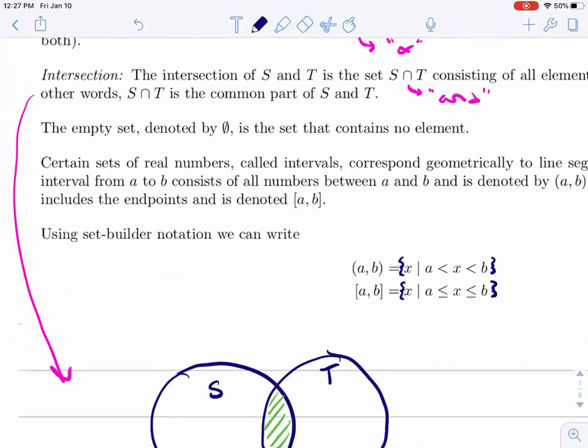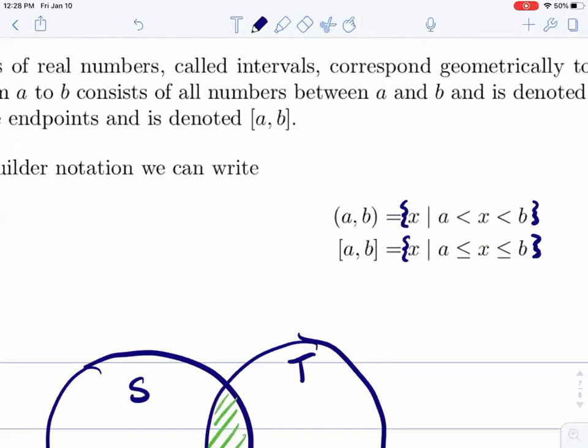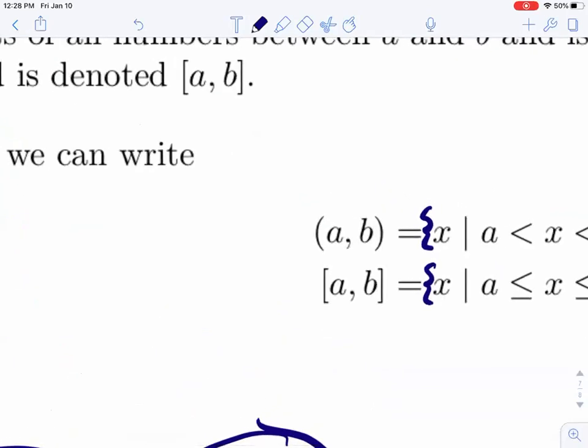If we're talking about intervals on a number line, with an interval from A to B, we want to be careful of whether it's including or excluding those endpoints. If the endpoints are not included, then we can use these round brackets.